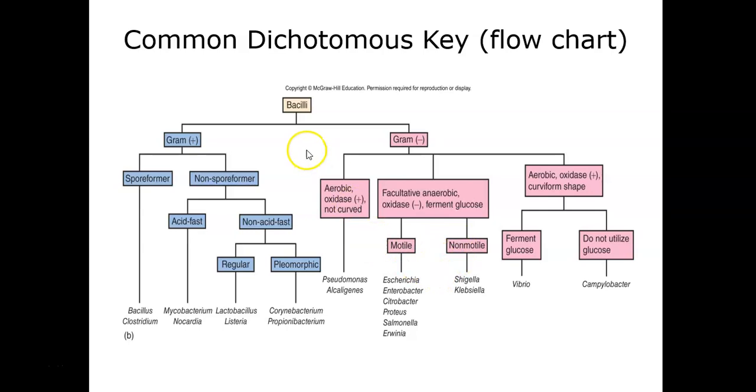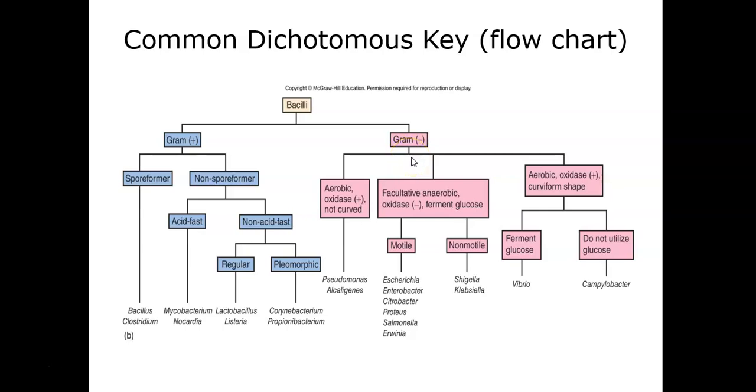So for instance, if I do my gram stain, which as we've mentioned is kind of the first test, and I notice that I have a bacilli, a cylindrical cell, I can then determine: is it gram positive or gram negative? Does it stain purple? Does it stain pink? Let's imagine for a second that it stains pink. Then I'm going to follow this track. Then I need to know, how does it use oxygen?